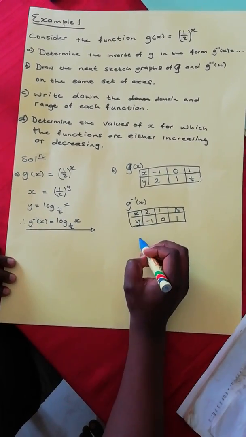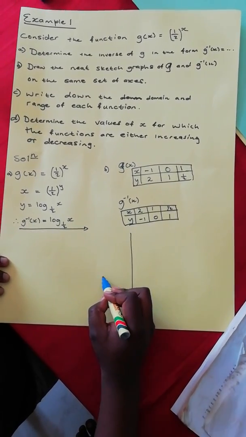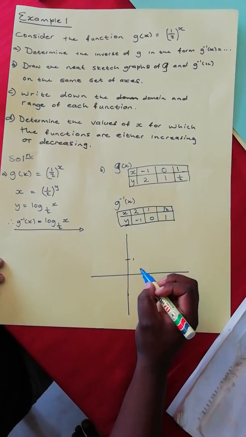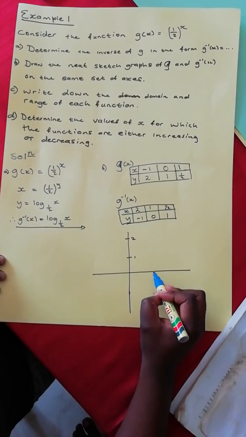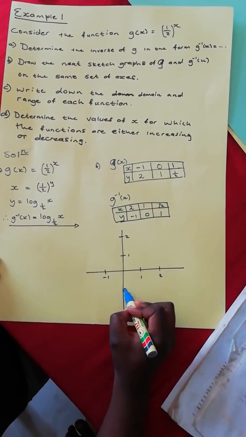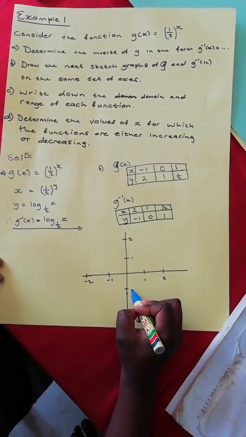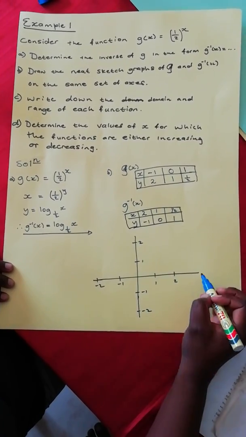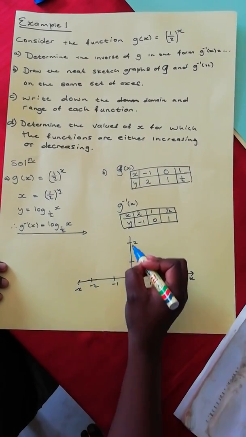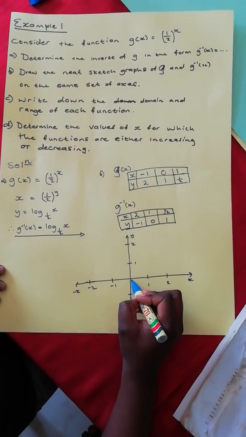Now let us sketch the graph. So we have 1, we have 2, we have -1, we have -2, and now we have x here, -x here, y here, -y, and 0.